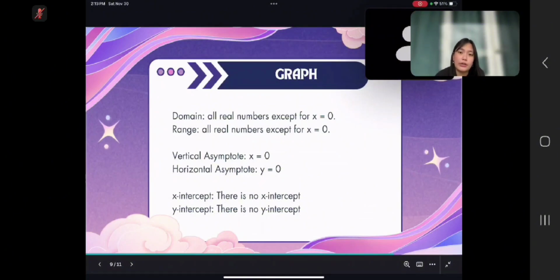The domain and the range are all real numbers except for x equals 0. The vertical asymptote is x equals 0, and the horizontal asymptote is y equals 0. The x-intercept and y-intercept cannot be seen there.